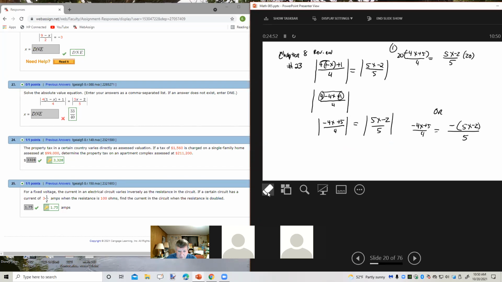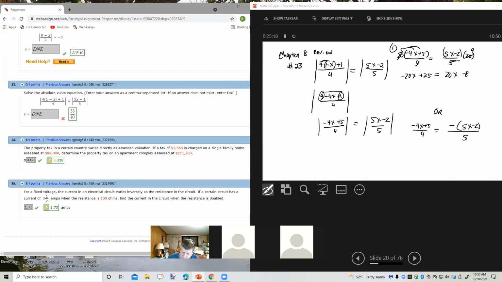So what I can do is this. 20 over 4 is 5. Now I'll distribute the 5, and I get negative 20x plus 25 equals, and over here, reduce it down, distribute the 4, 20x minus 8. We okay with that? I'll take that as a yes.